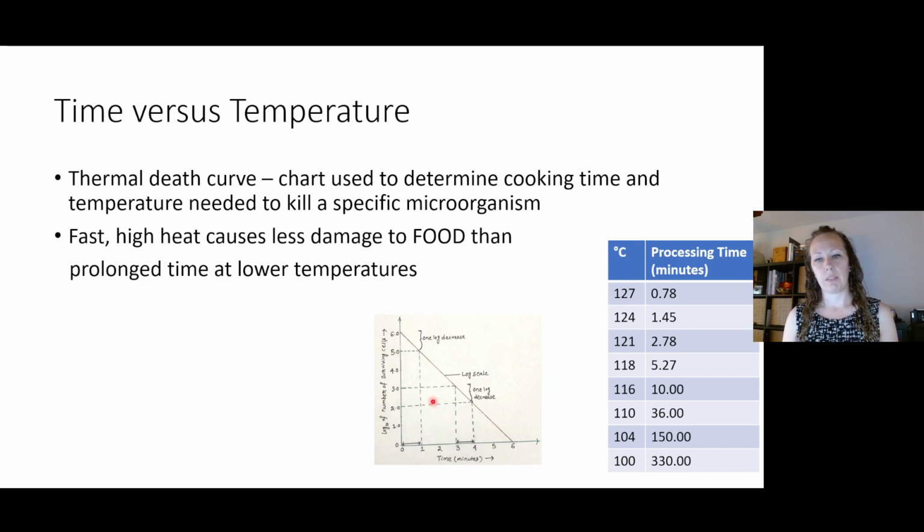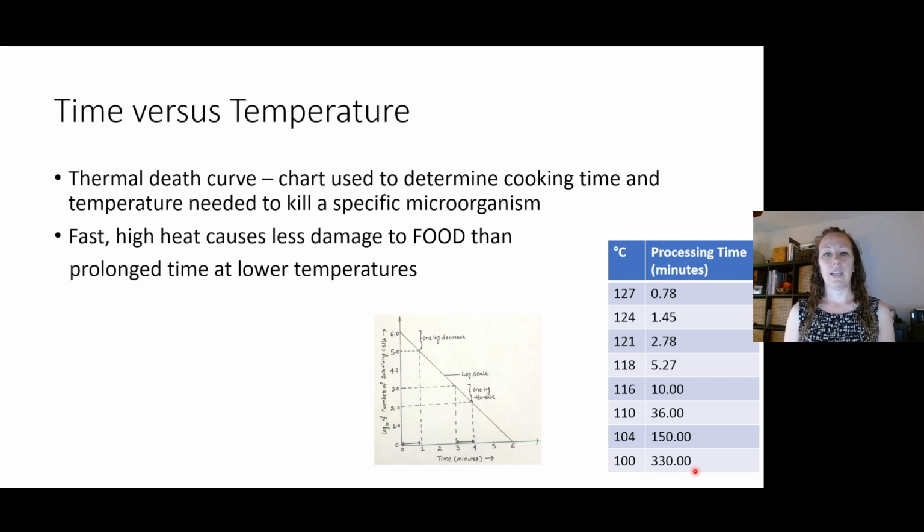And then they combine that all into a more easy, straightforward table that you can look at and say, okay, at this temperature, I need this amount of time to kill a certain level of bacteria. And there's usually a certain log reduction that you're looking for.